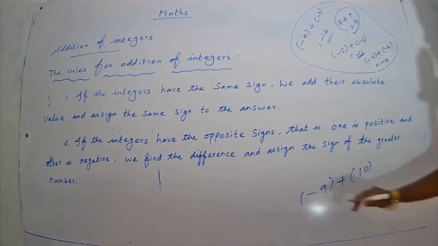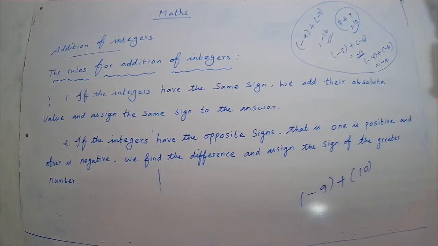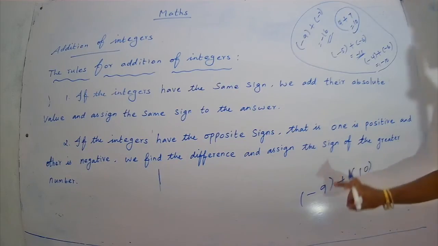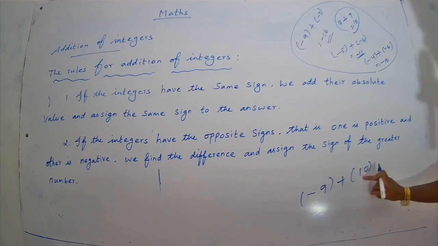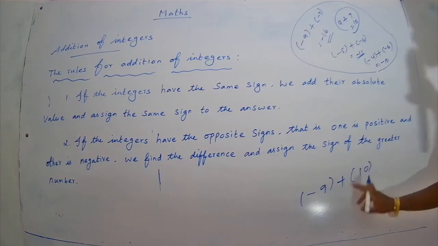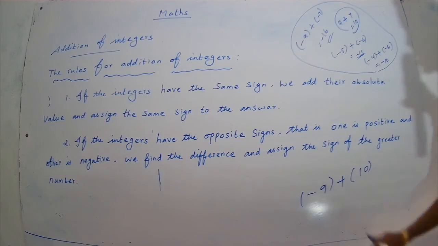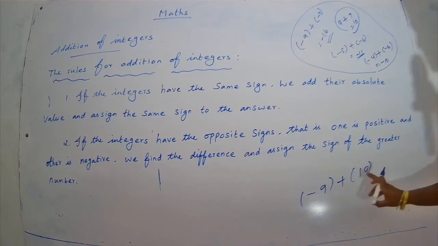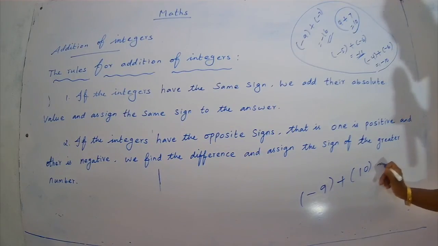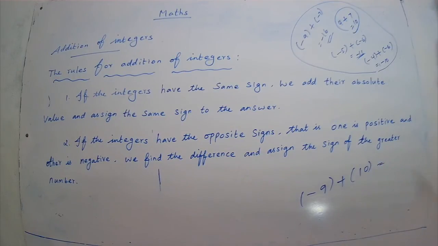So now you add. How do you add? If the integers have the opposite sign, that is one is positive and another is negative, we find the difference. So 10 minus 9. What is the answer? 1.